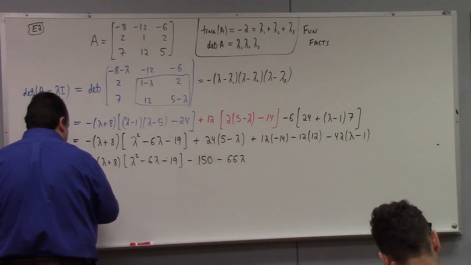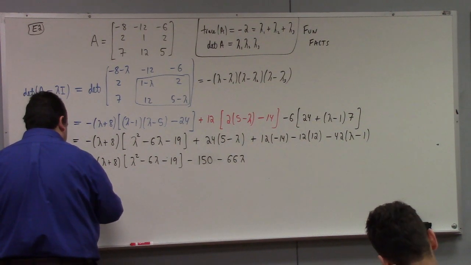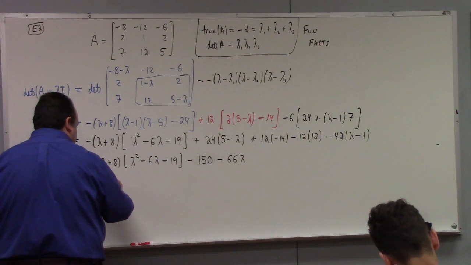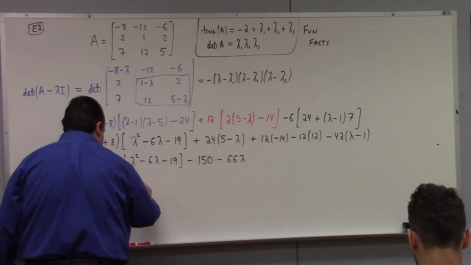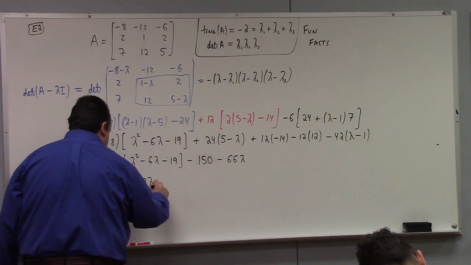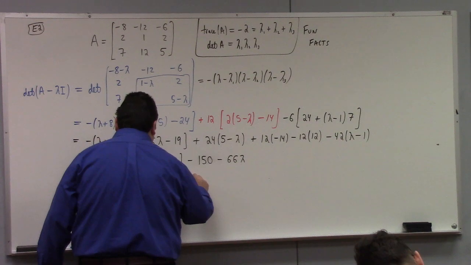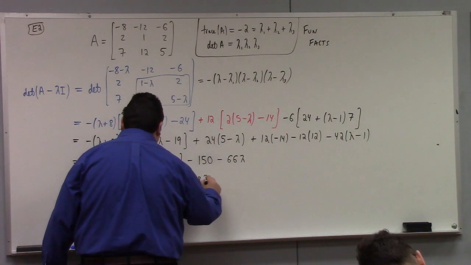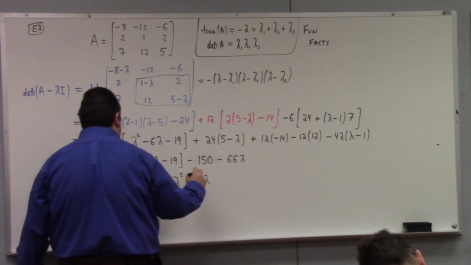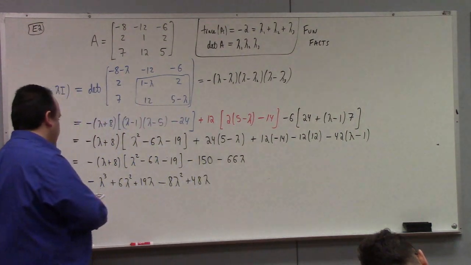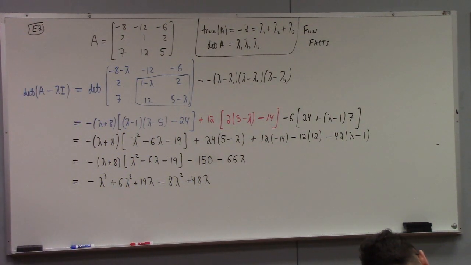Great. So I've got minus lambda cubed plus 6 lambda squared plus 19 lambda, minus 8 lambda squared plus 48 lambda, minus 8 times, let's see here, 8 times 19.